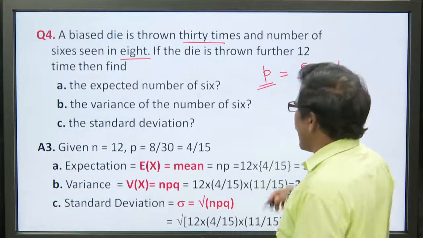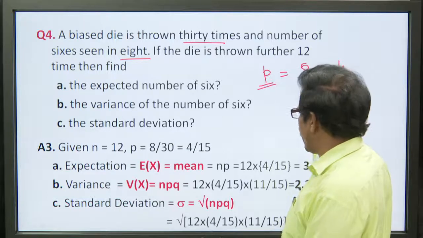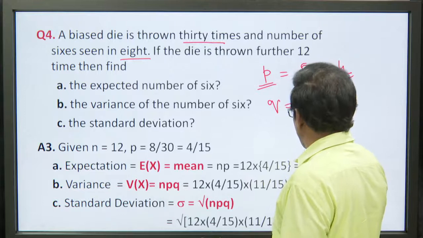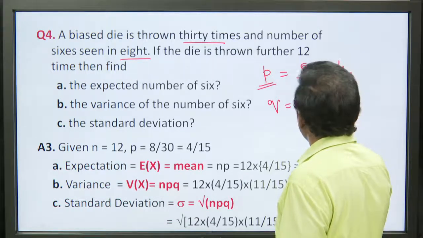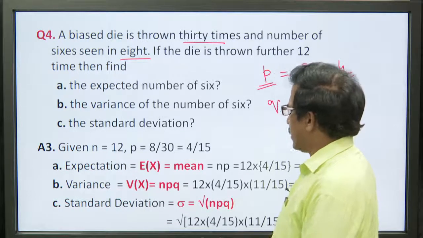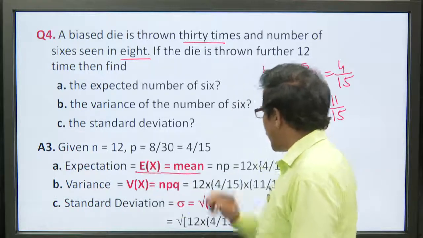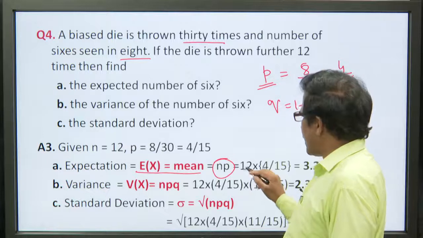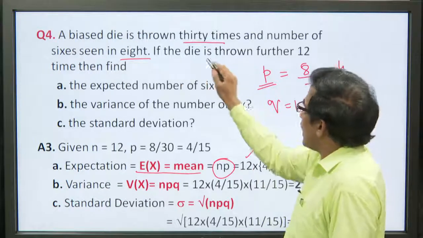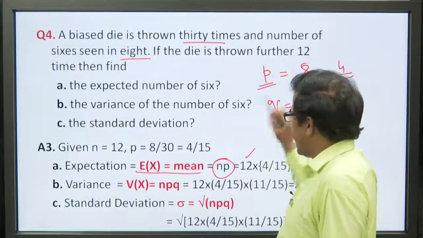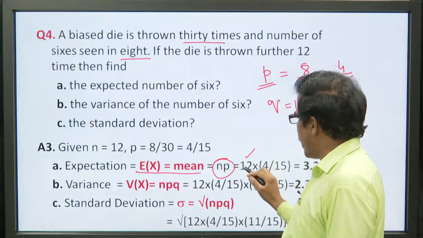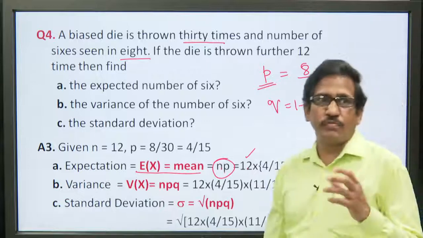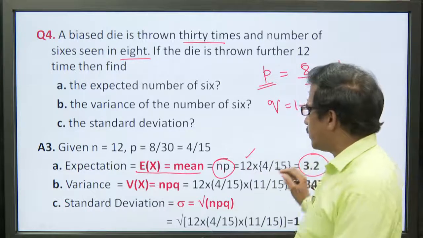This is the value of p. And if this is the value of p, then you can easily calculate the value of q, which is 1 minus p, equal to 11 upon 15. Now, expectation. What is expectation? Expectation for a binomial distribution is equal to np. n is 12 because the die is further thrown 12 times. So, n is equal to 12 and p is equal to 4 upon 15, and the expectation of 6 occurring is 3.2.